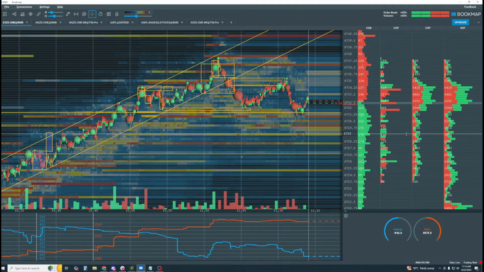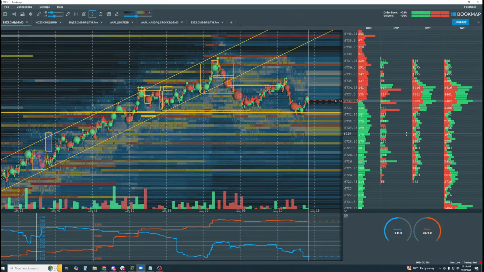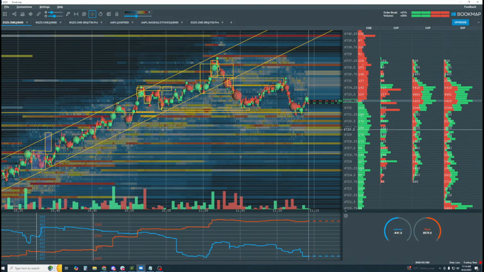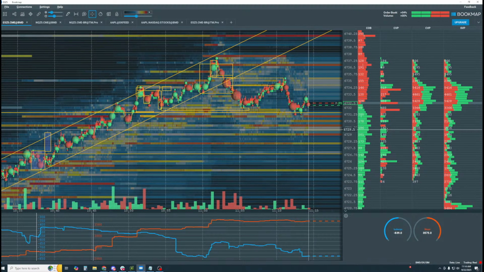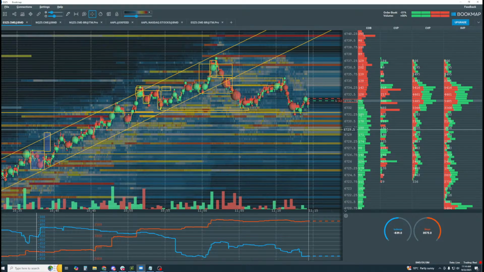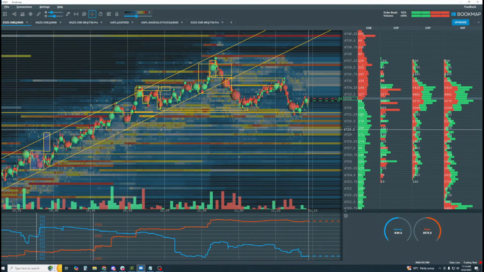Let's try to get some clarity on all of this. We have massive absorption on the bid, and we hadn't seen the aggressors come in yet. We're looking for that and a break of the structure, and then 5 or 10 minutes later, it did that. And it just rocketed to the upside.